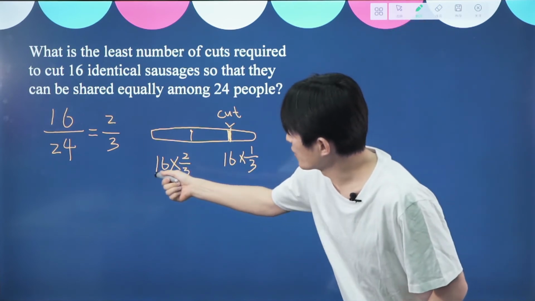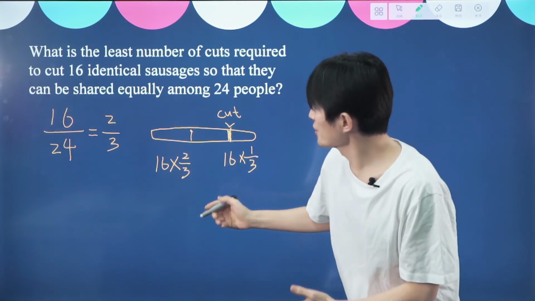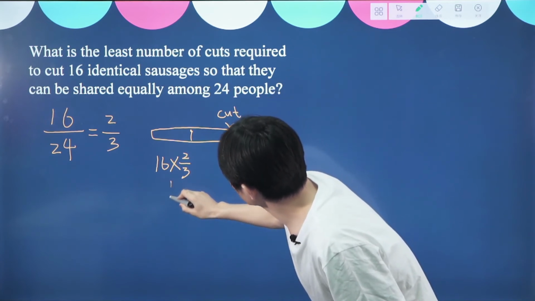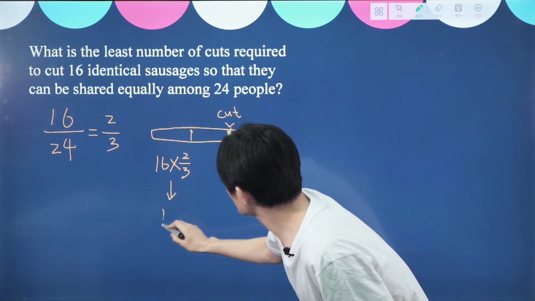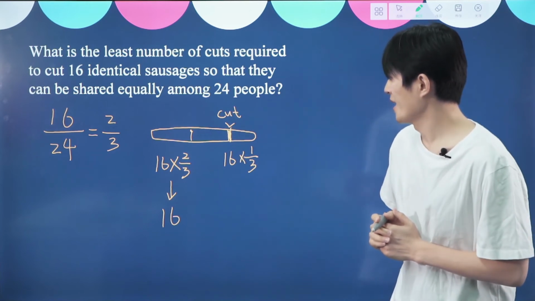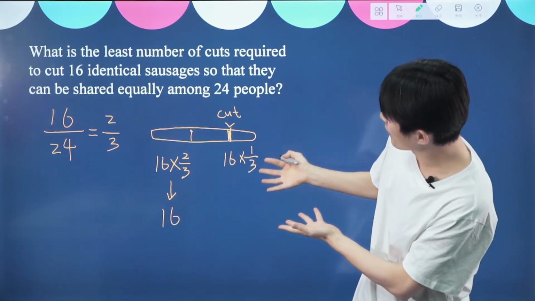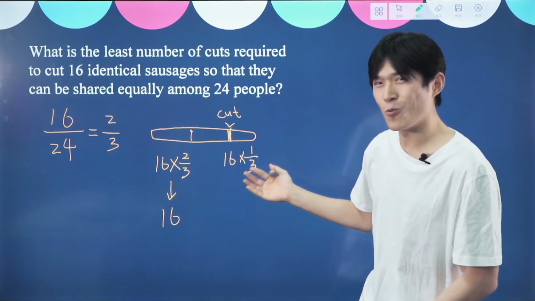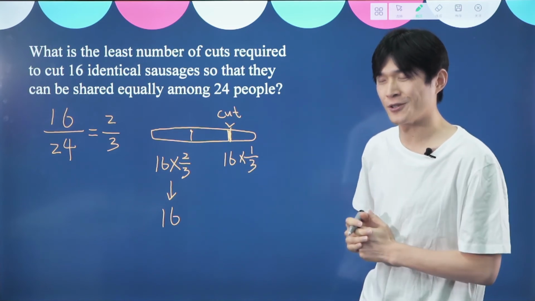So we have 16 units of 2/3. That means we can give it to 16 people. And then how are we going to deal with the 16 units of 1/3 of sausages?